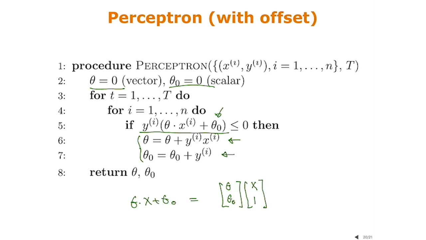So effectively, I can think of linear classifiers with offset parameter as a linear classifier through origin, just operating on slightly different examples.